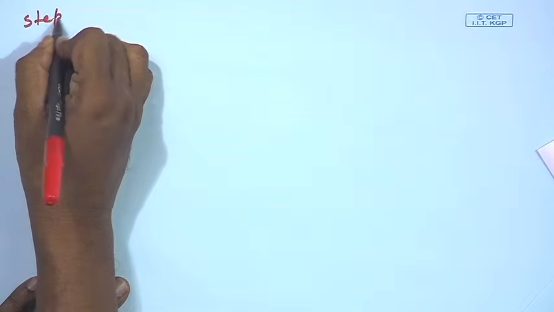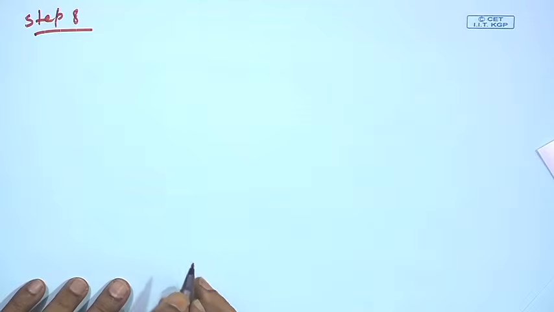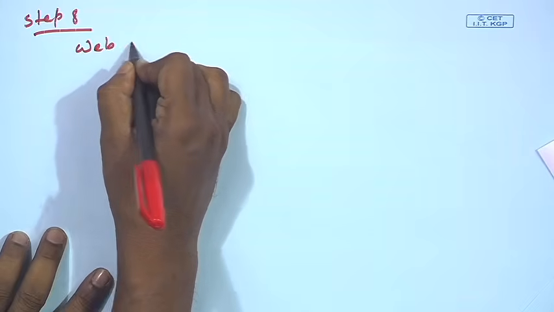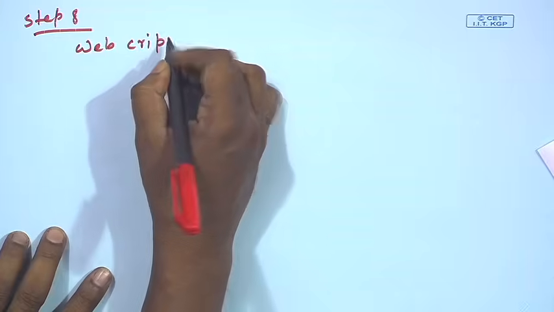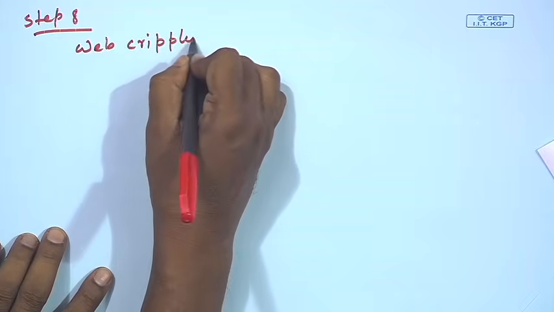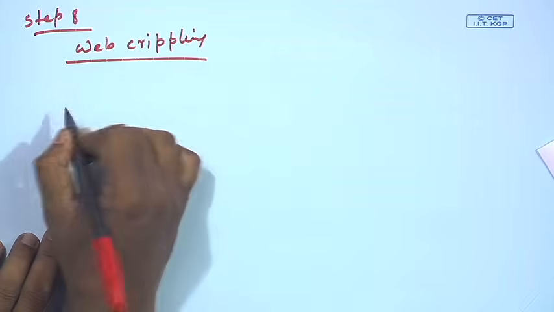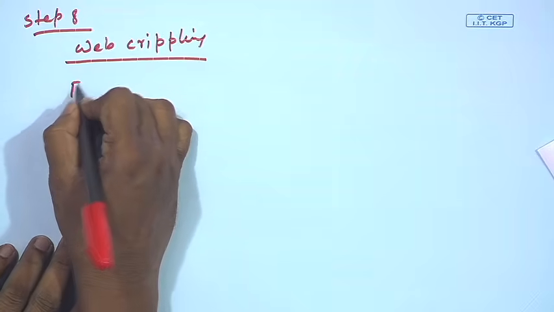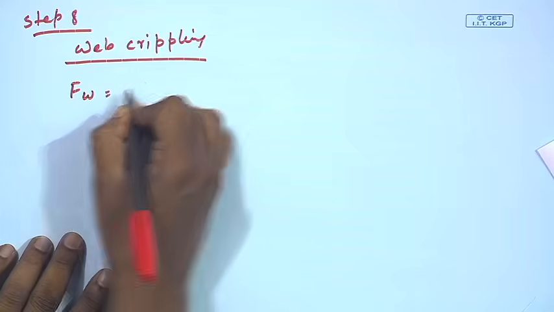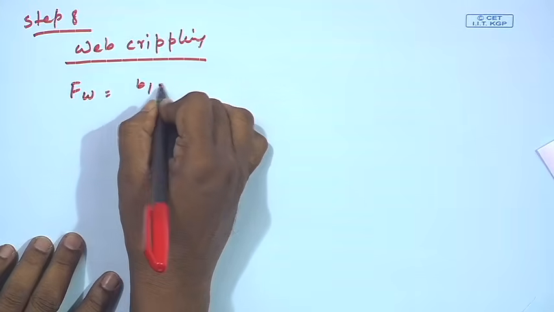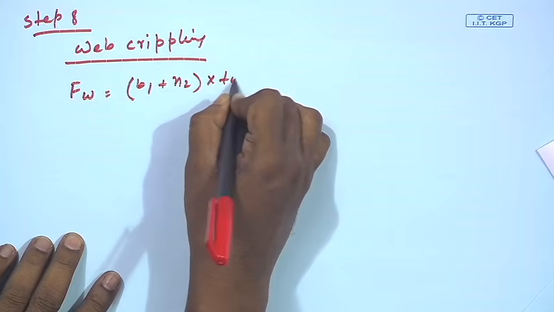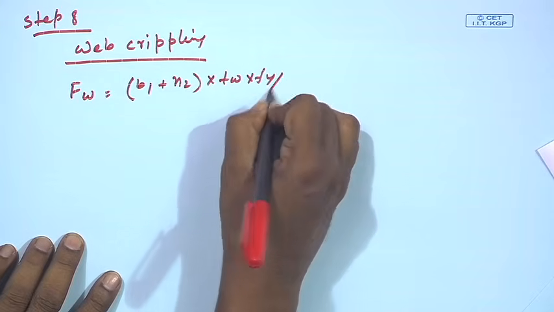Now, next step I will go, that is step 8, web crippling. We have to check for web crippling. So, for web crippling I have to find out the web crippling strength Fw, which is equal to B1 plus N2 into Tw into Fy by gamma m0.